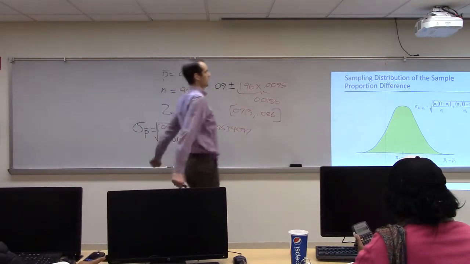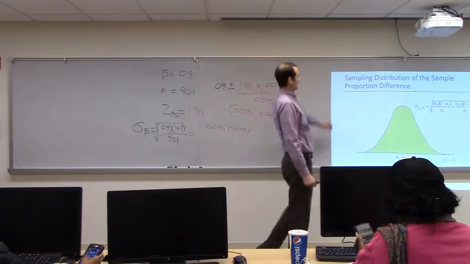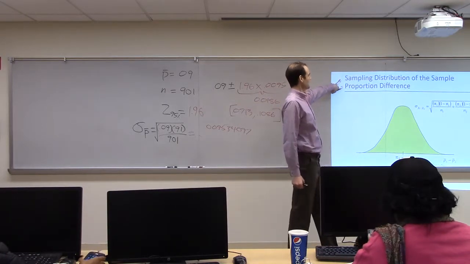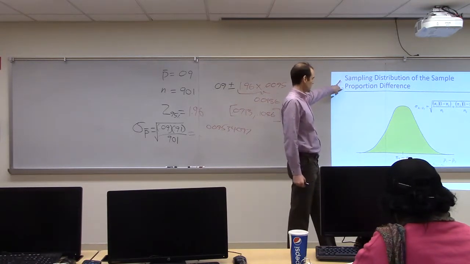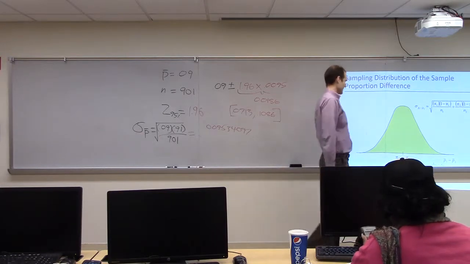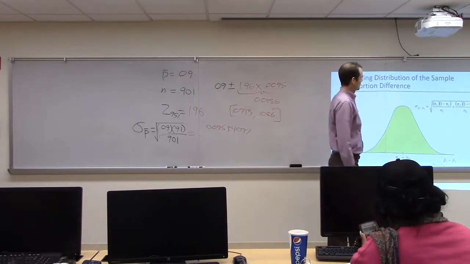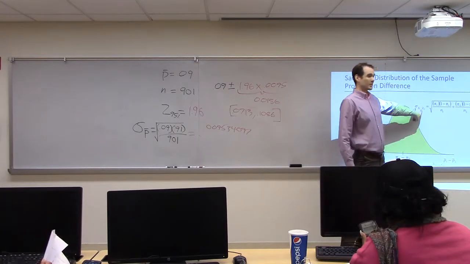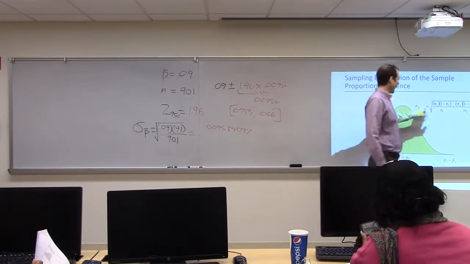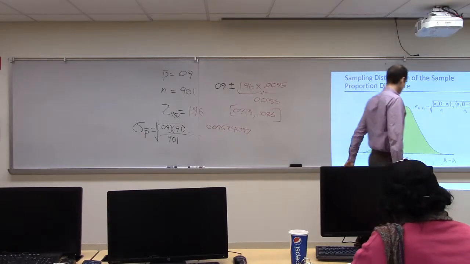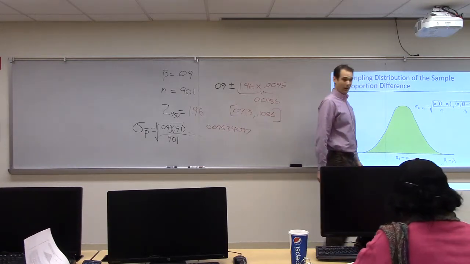Okay, so I need someone to read that title and tell me what that title means. I need someone to tell me why this thing is at the center of the distribution. I need someone to read this little formula to me. I'll handle this part over here. I'll start us off.